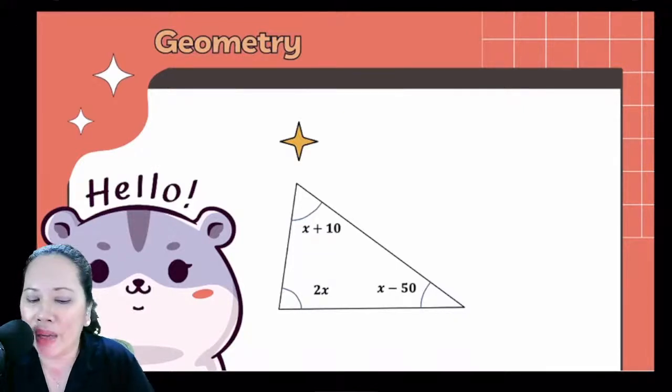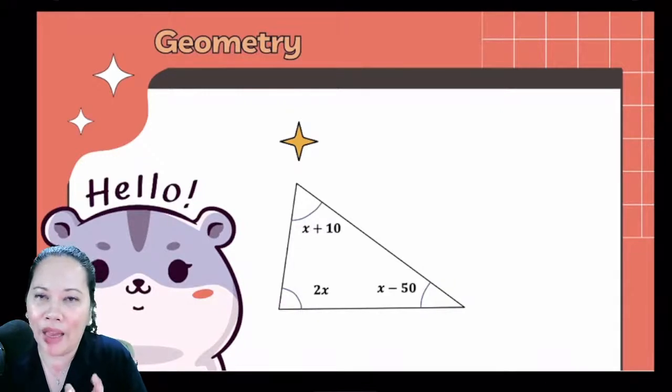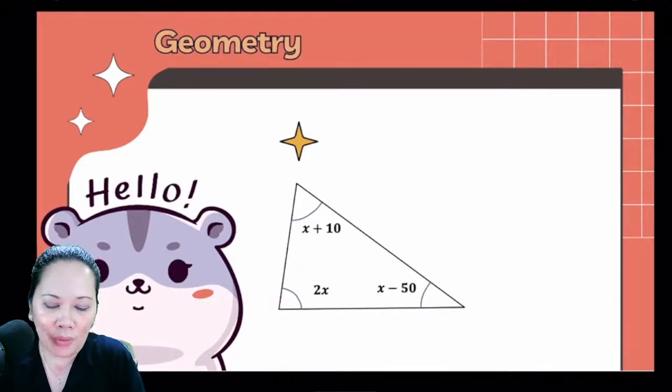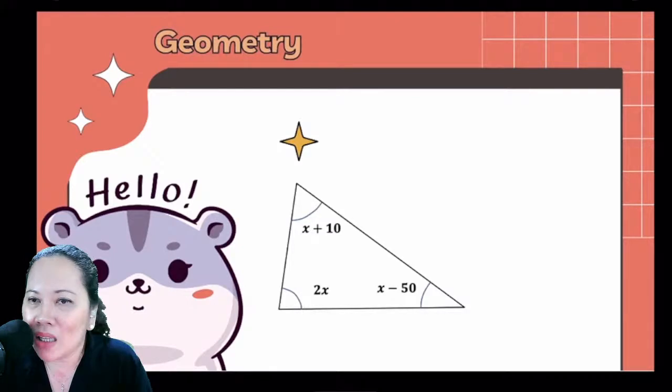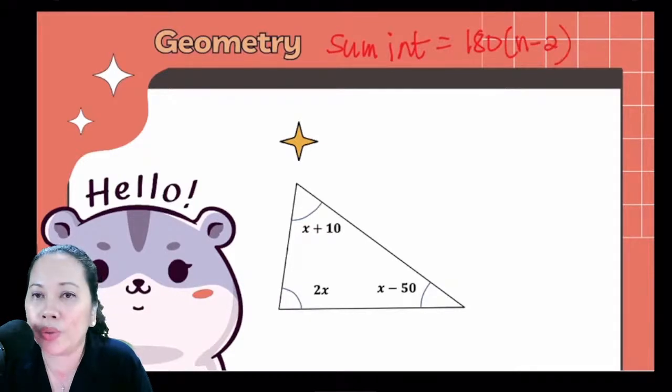So remember that in geometry, we have the sum of angles. The formula for the sum of interior angles is 180 times n minus 2.